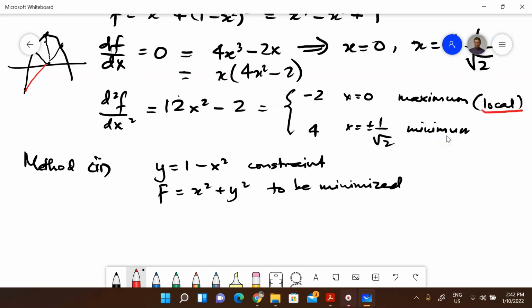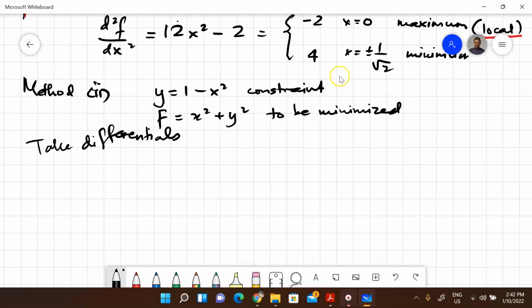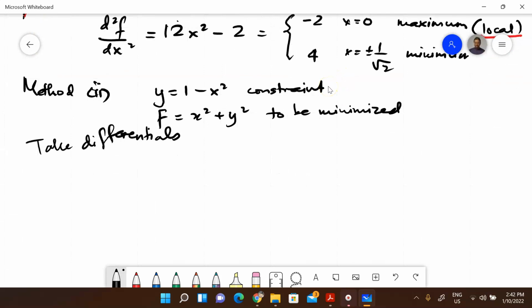Right. So what do we do? What we do is essentially take differentials. Sorry for the horrible handwriting, because I'm doing it on my lap. So let's take df first. df is given by 2x dx plus 2y dy.